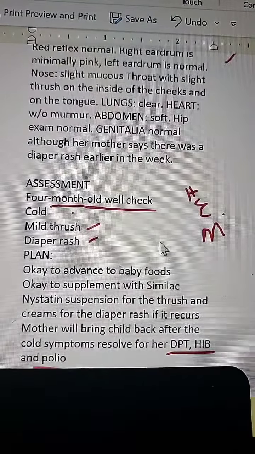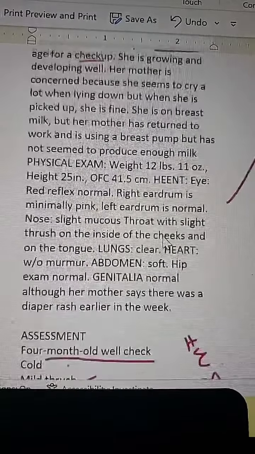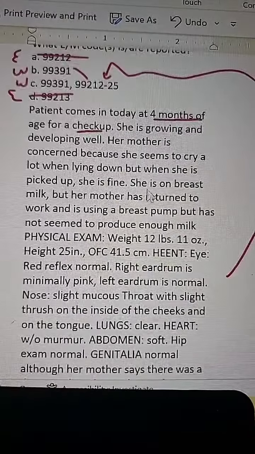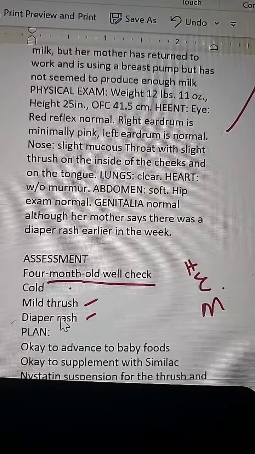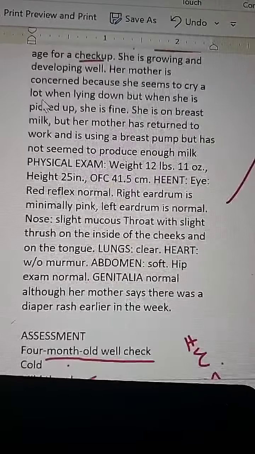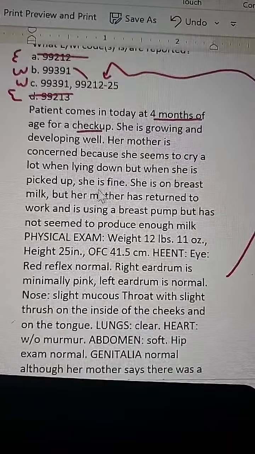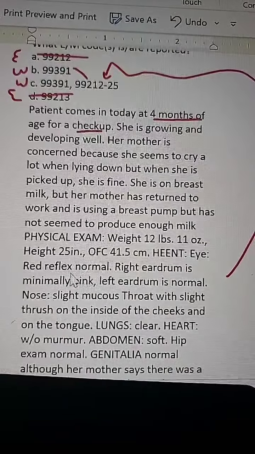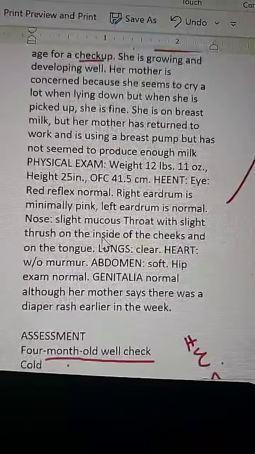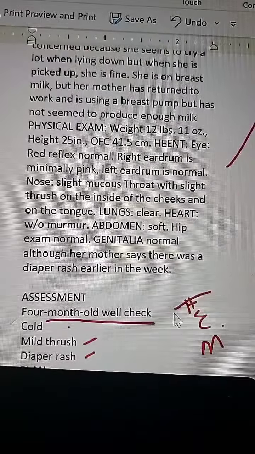Is there a history of this baby having any of this thrush and diaper rash that could have been evaluated? The baby's too young for this because there's no recurring history of this, so we have to get rid of that.